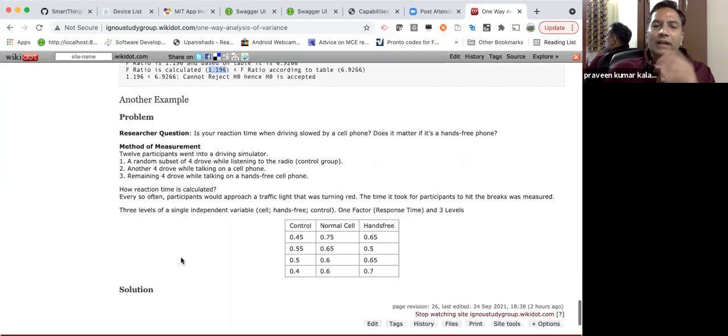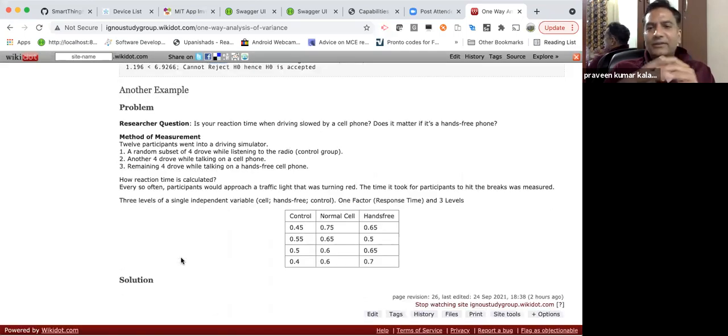Okay. So similarly, you can take any kind of this comparison, where using this sum you can say whether having a cell phone is affecting the driving or not.